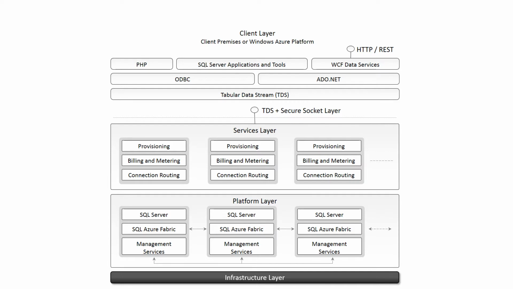It's a view graph of how the three layers, platform layer, service layer, and client layer, are connected to the infrastructure layer of Windows Azure platform.